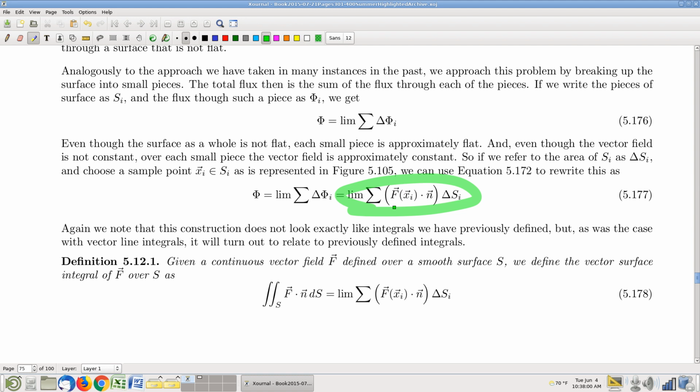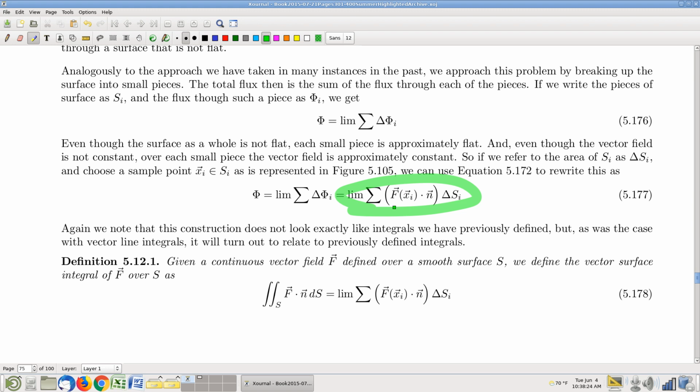Again, it's not exactly the same though, because look what's on the inside here. This, what you might want to call the integrand, is not strictly a function of position. The vector field over here is strictly a function of position, but this normal vector is describing the orientation on my piece of surface. So just knowing where you are is not enough.